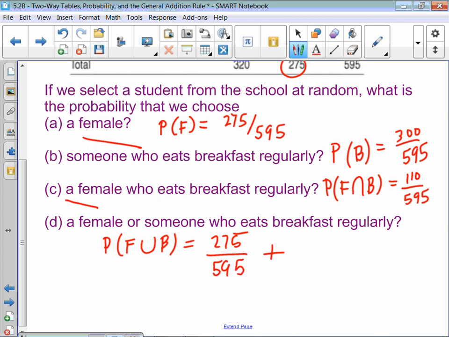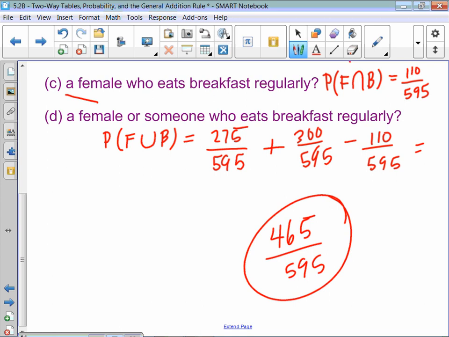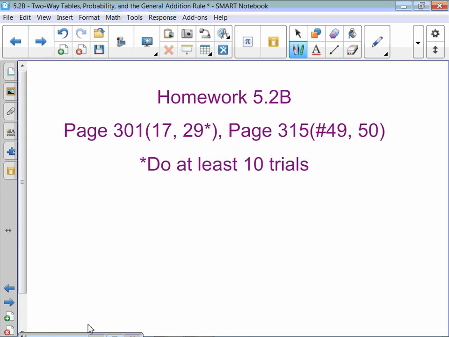Then we add the probability of anybody that eats breakfast. Patrick, what's that going to be? Yes. They set this up so nicely for us. Minus the overlap, which Grant is what? Good. And so let's see, what is that? 575, so 465 out of 595. All right. Everybody understand the general addition rule? Great. That is it.